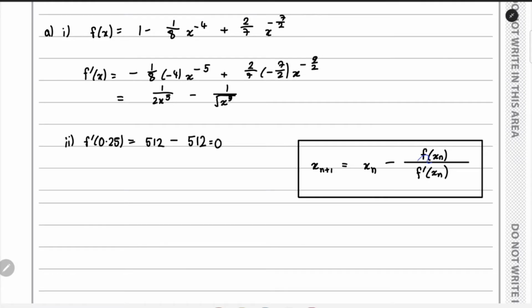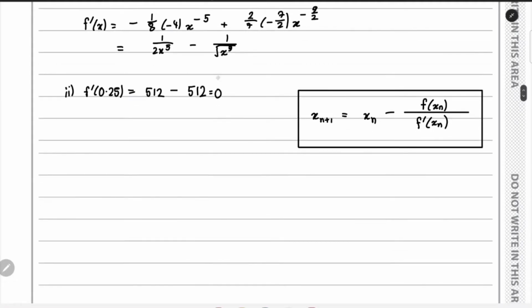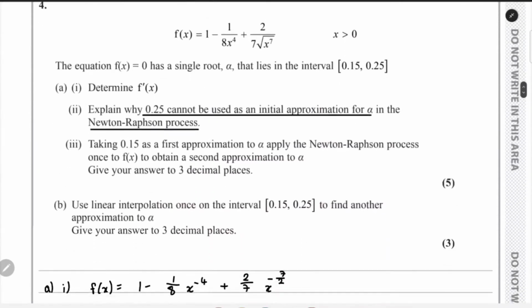Now if I look into the formula, f prime x is in the denominator, so I'll have f of x divided by 0. We cannot divide by 0, so since this is 0, the process cannot be carried out, as it would require a division by 0, which is not possible. So that's how we answered this.